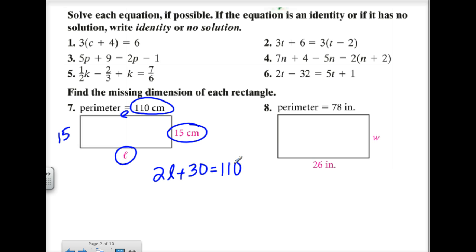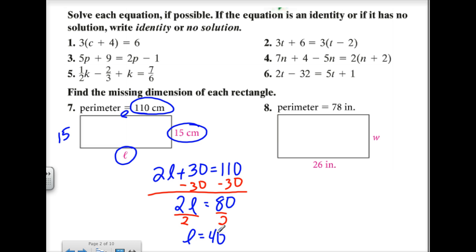Again, when I solve this, it's a two-step problem. Subtract 30. 2L equals 80. Divide by 2. L equals 40. So the missing length here is 40.